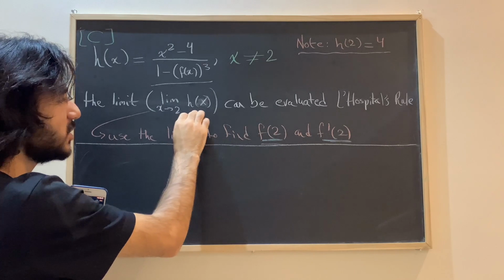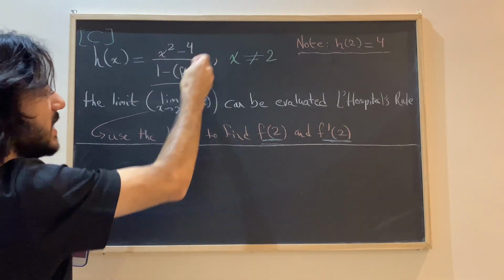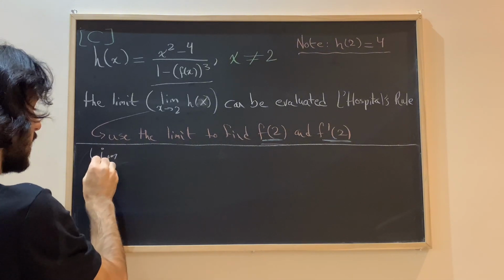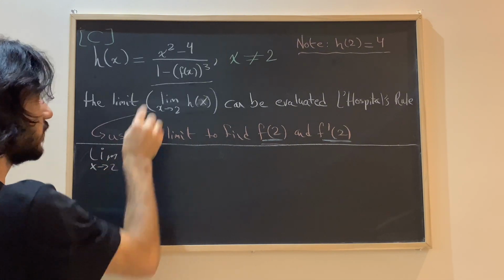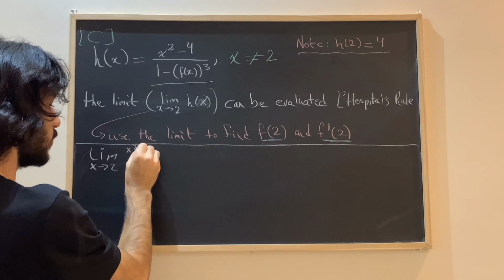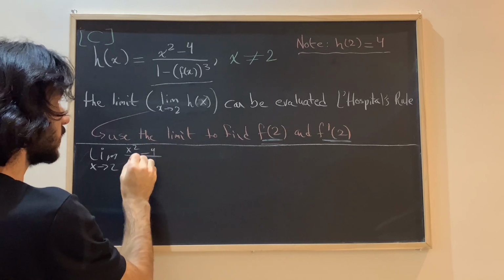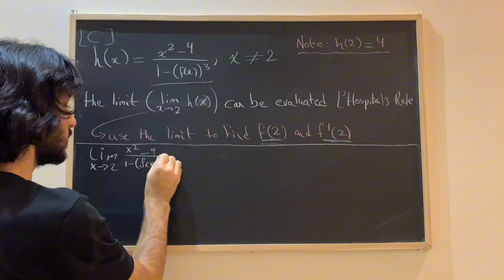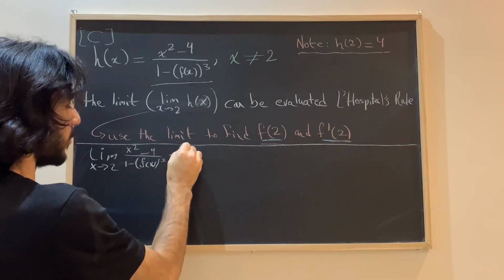And as we know, h(x) equals this. So the limit as x approaches 2 of (x squared minus 4) over (1 minus f(x) cubed) is going to equal 4.